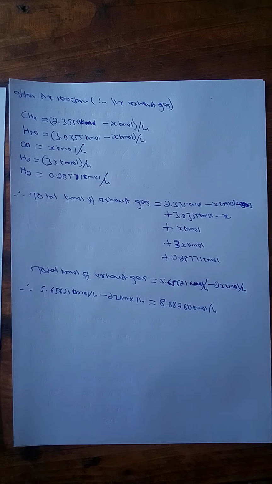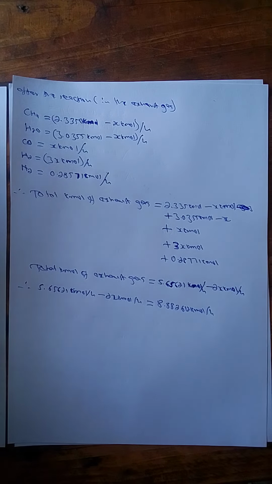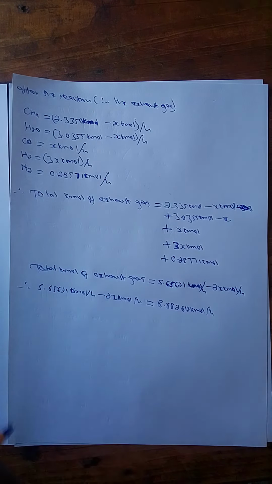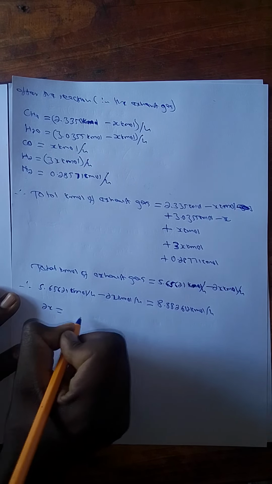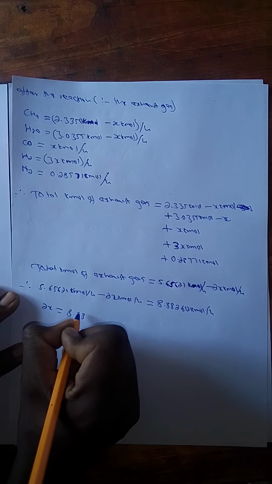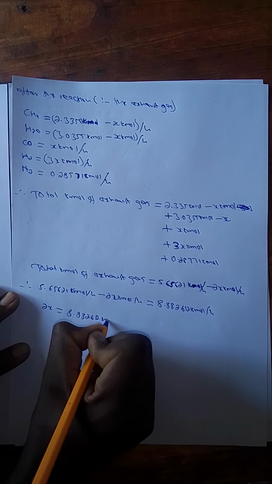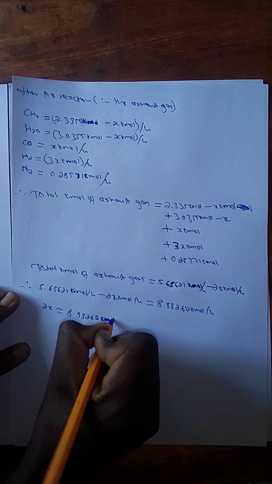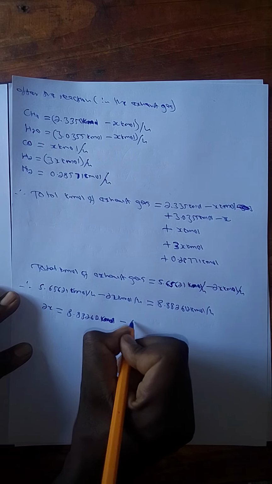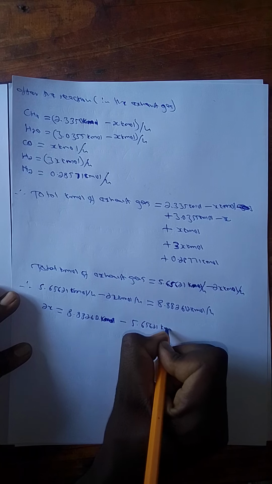Now, with that said, we can simply do the rearranging and the simplification, and we can find that 2X is equals to 8.882612 kilomole minus 5.65621 kilomole.